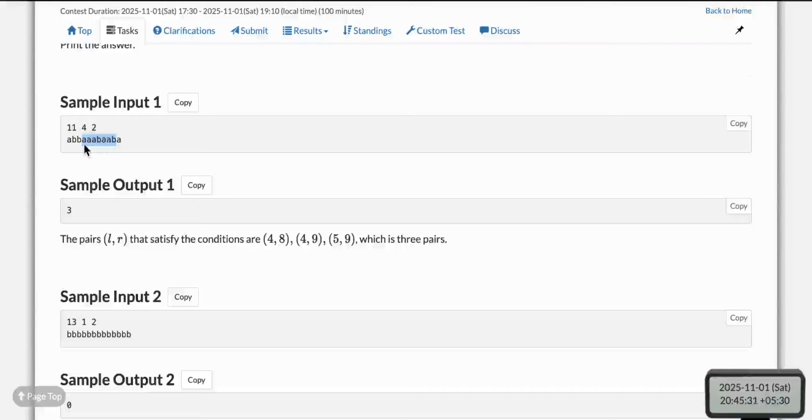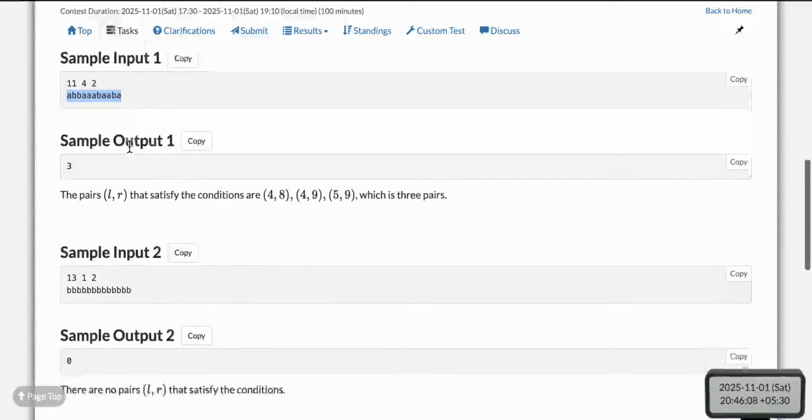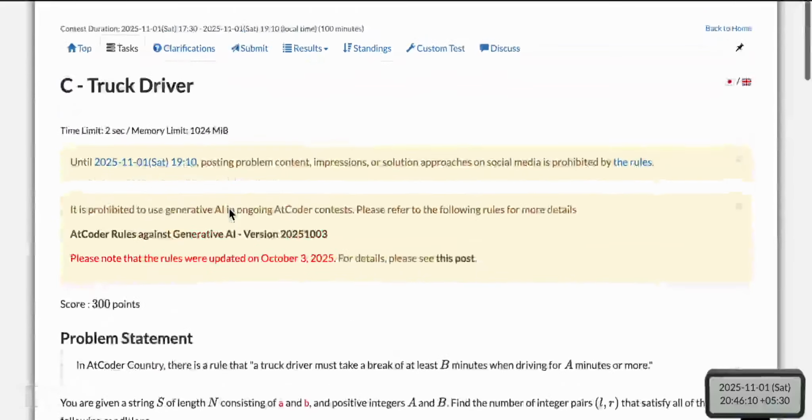So I decrease the size of the window from the left side until one b is removed, so that the count of b goes to 1. But by doing these operations, I am losing the valid windows. This was the problem, and this was the test case on which I got stuck in the contest. I was not able to implement this, but I will solve it.